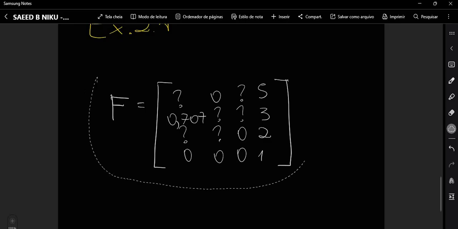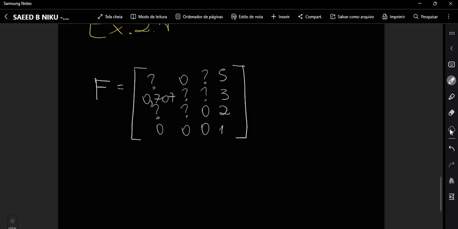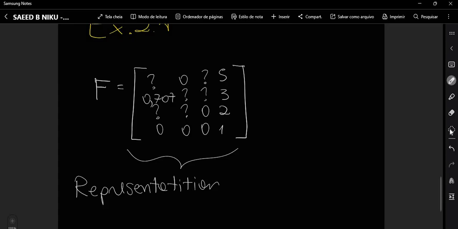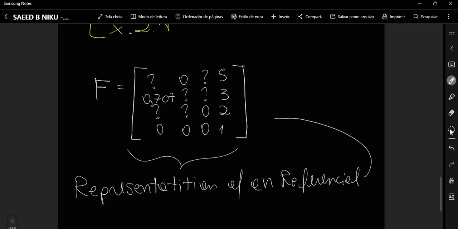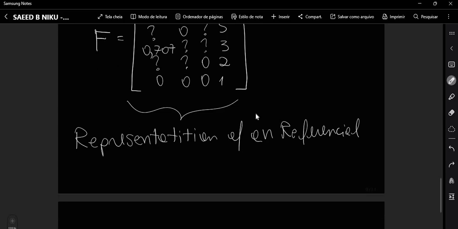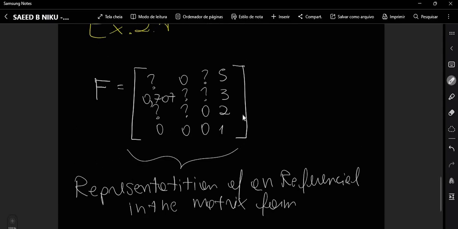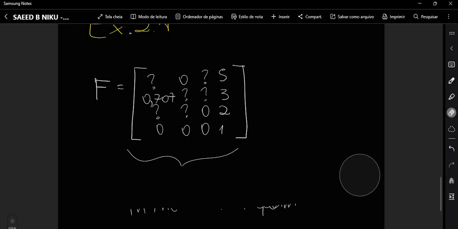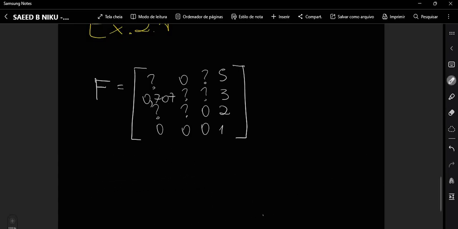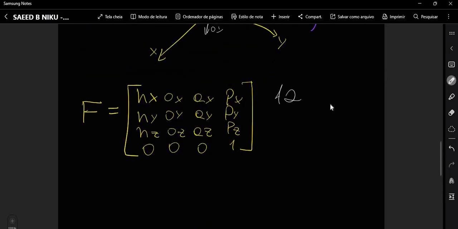And to clarify this statement that I did, representation of referential in the matrix form, which is what we are doing right here, this statement can be illustrated right here. So let's copy this.